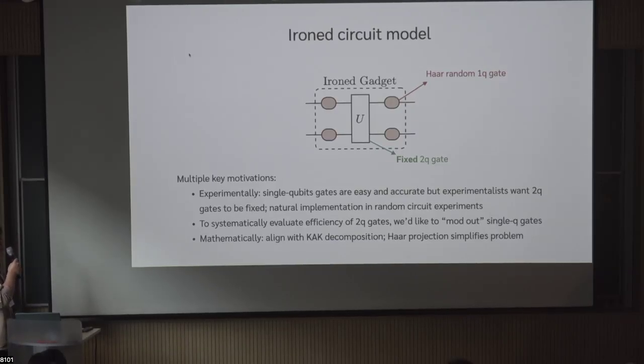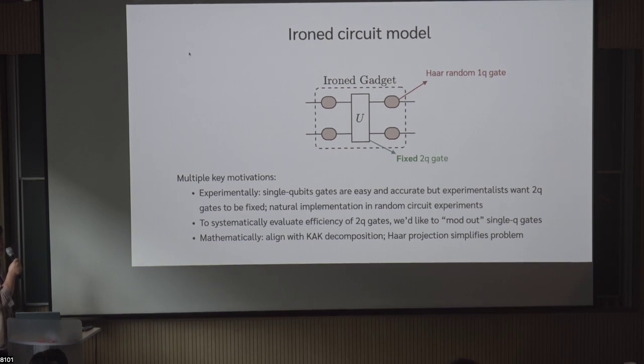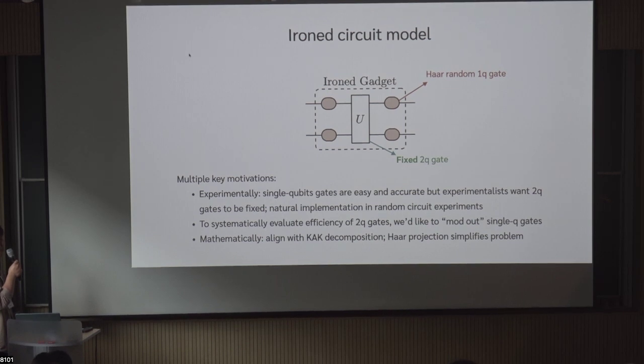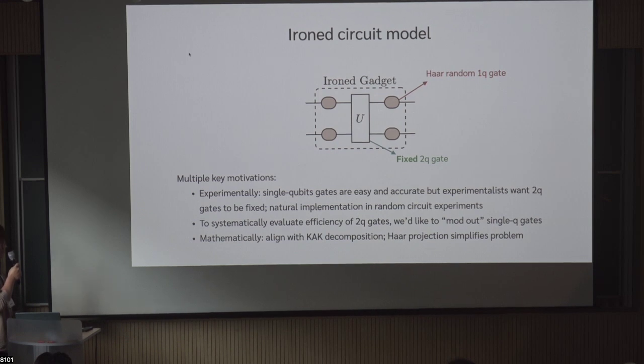And also from a mathematical perspective, say our goal is trying to evaluate or compare the efficiency of different two qubit gates. The reasonable way to consider that is to sort of mod out all the single qubit gates. And in the next slide, we'll see that it also aligns with a very nice mathematical tool called the KAK decomposition.